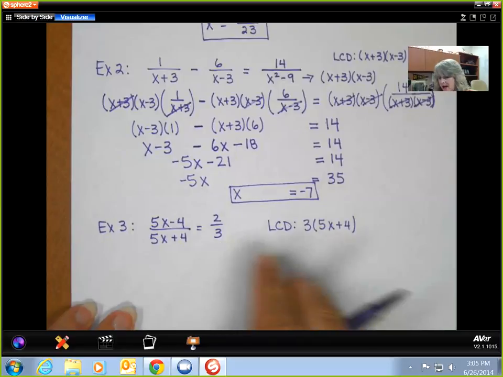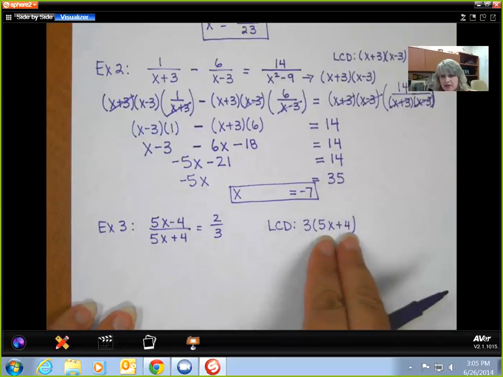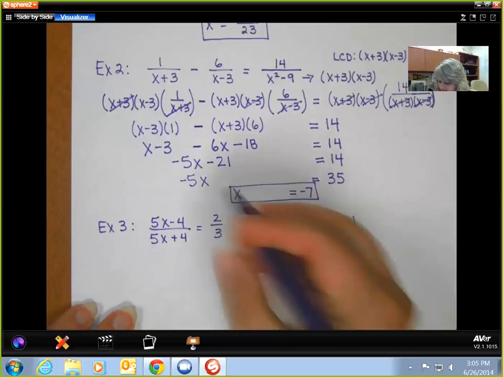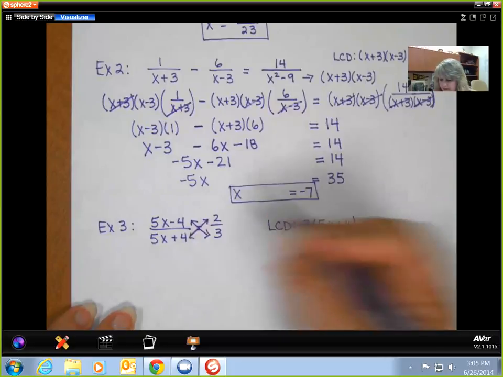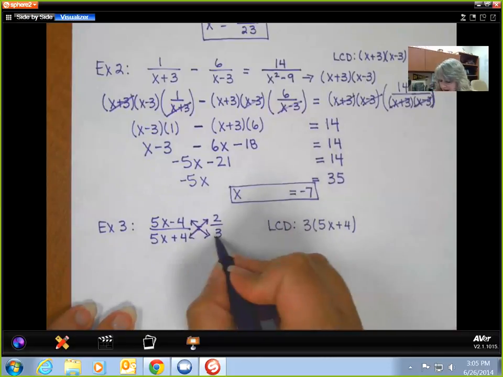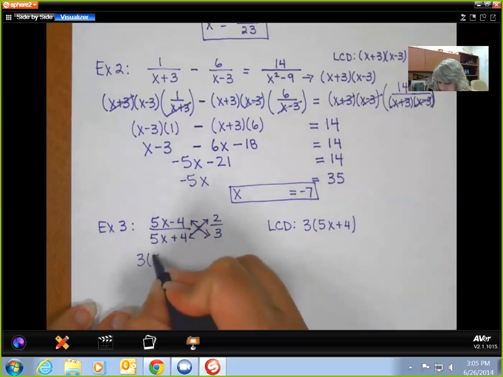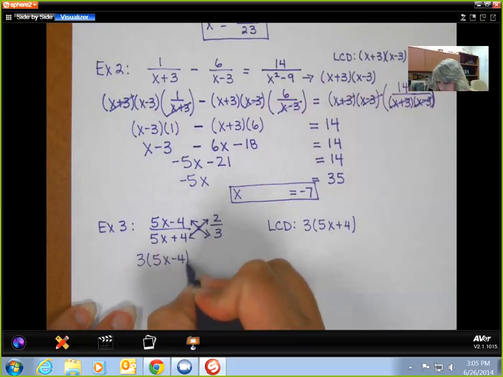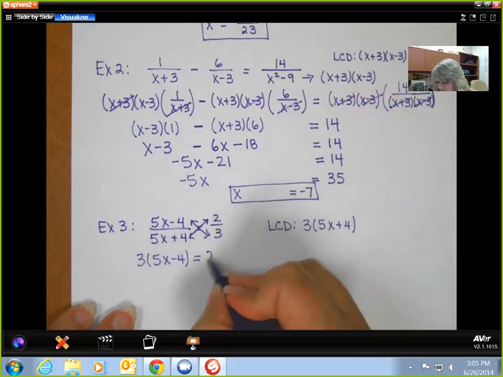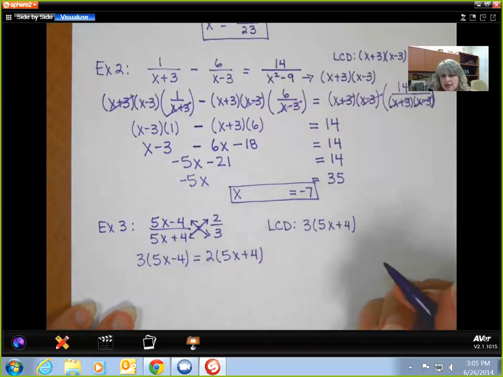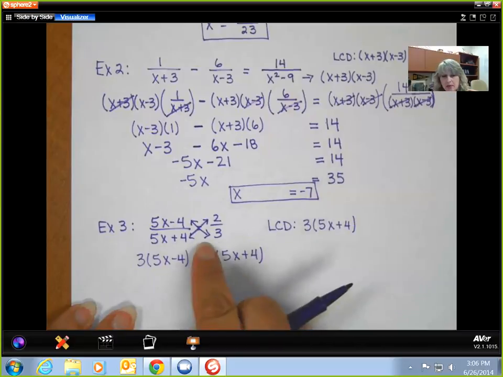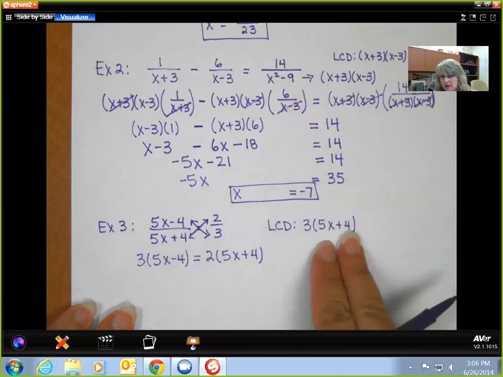And if you multiply by 3 times 5x plus 4, it's the same thing as if you just cross multiply. So we're going to wind up multiplying 3 times this 5x minus 4 equals, and then 2 times the 5x plus 4. The other problems, we didn't just have one fraction equals another fraction. But anytime you have that, it's called a proportion, and just cross multiply. It gives you the same thing as if you do this.